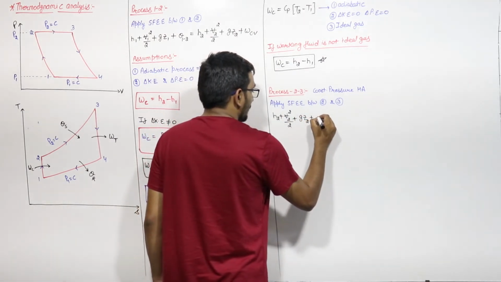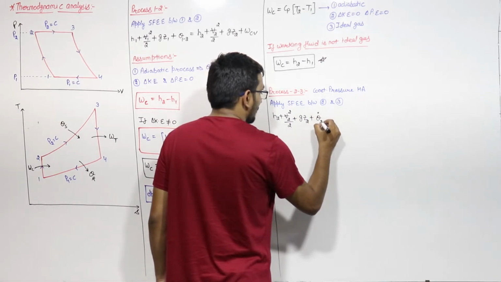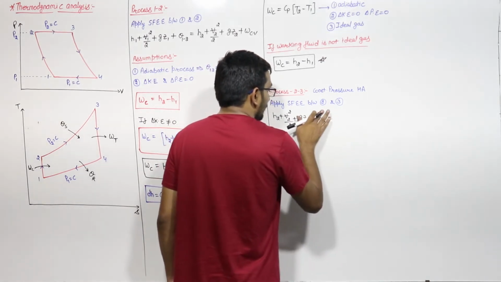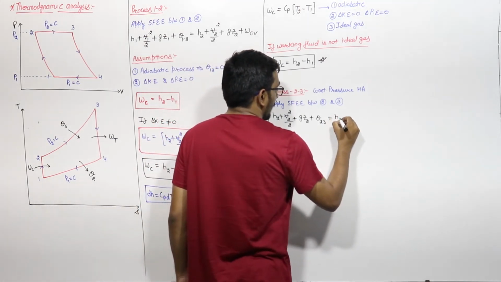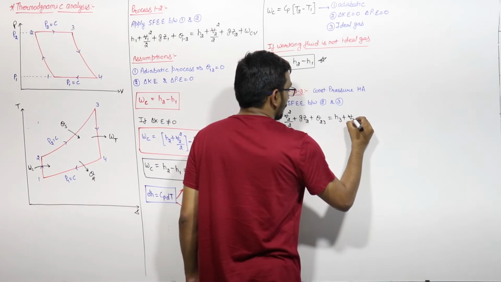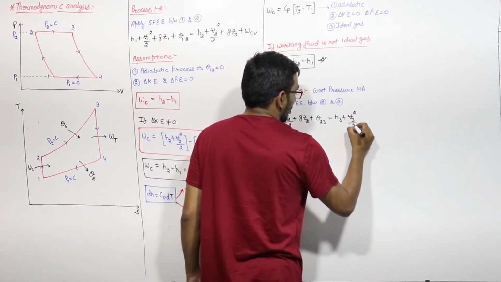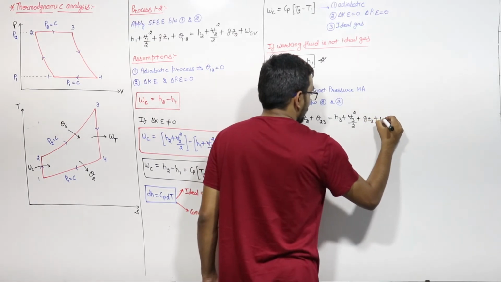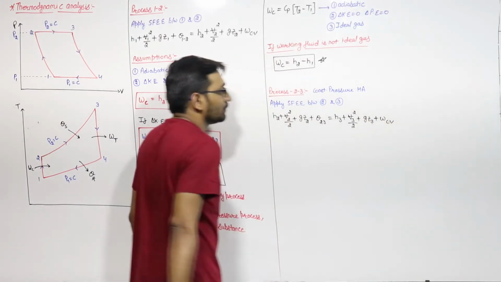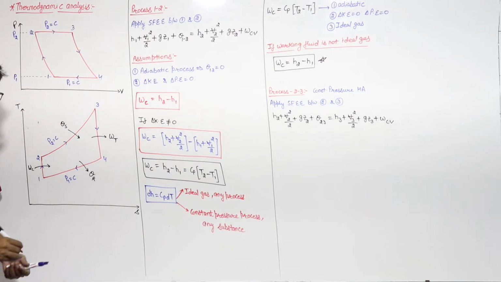GZ2 plus heat supplied to the system in the process 2 to 3 is equal to H3 plus V3 square by 2 plus GZ3 plus work done by the control volume. This is a generalized equation.